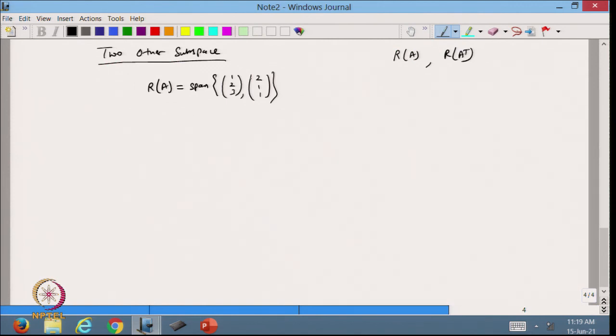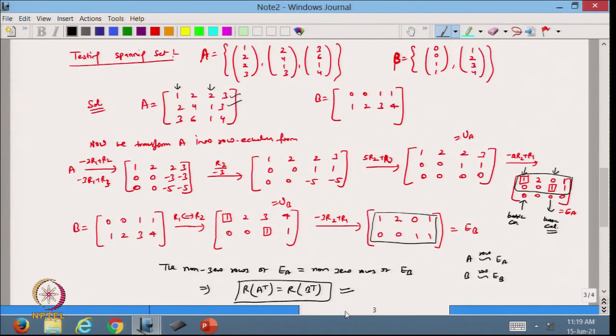So, that is spanned by two vectors, and the dimension, the rank, is 2, and the rank of A is equal to the rank of A transpose, that we already know.